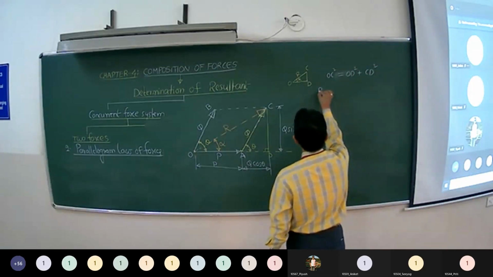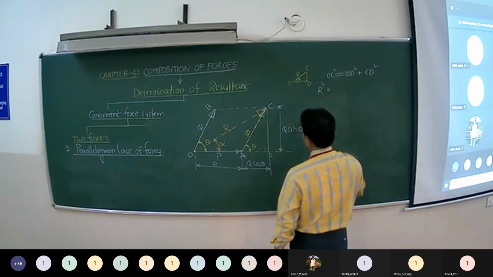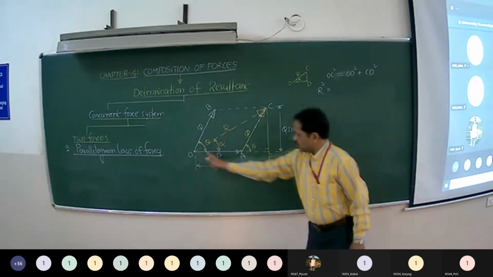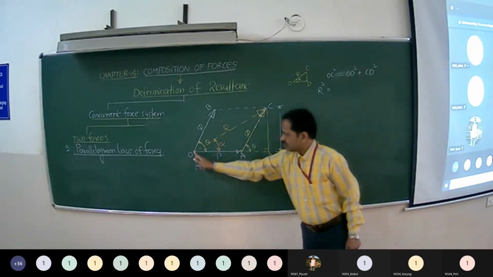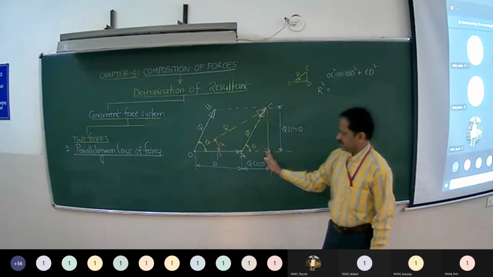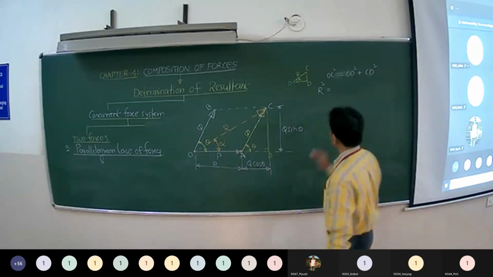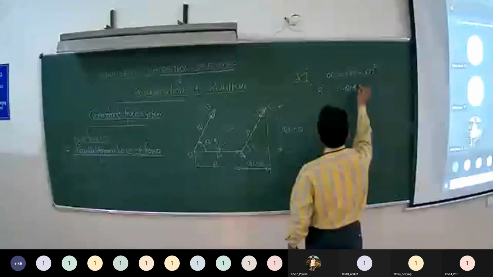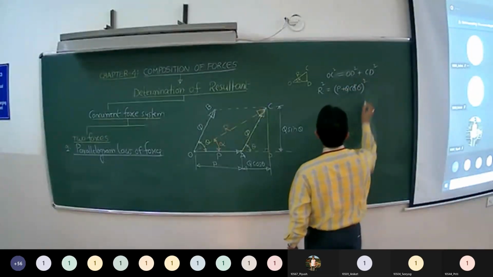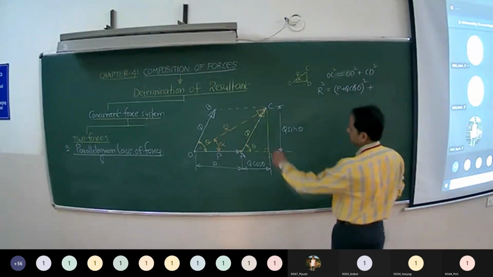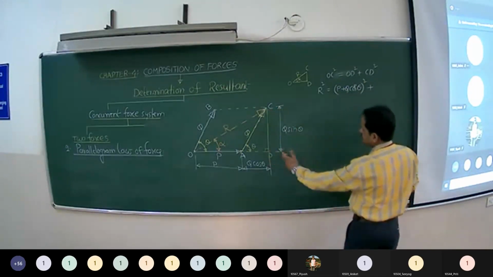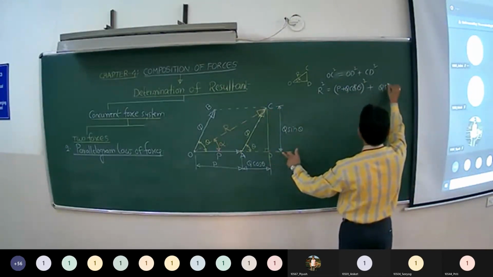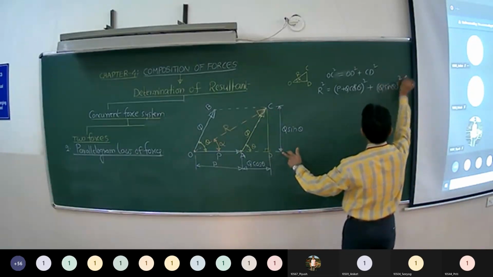OC is nothing but R. R square is equal to OD square, that is OA plus AD, P plus Q cos theta, whole square, plus CD square, that is Q sin theta whole square.